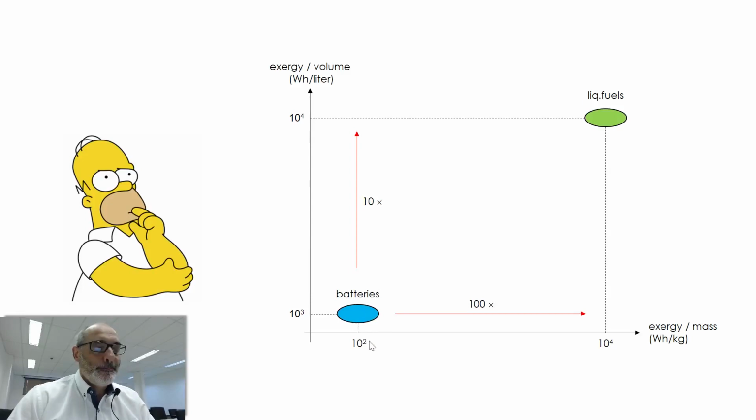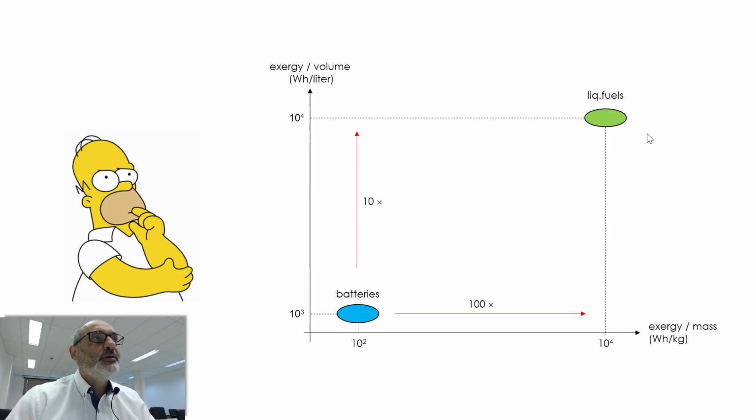So here you have the order of magnitude, 10 to the second power, in terms of massic density and volumetric density. Batteries fall here and liquid fuels fall here, far beyond. So liquid fuels can do 100 times better than batteries in terms of how light they are.